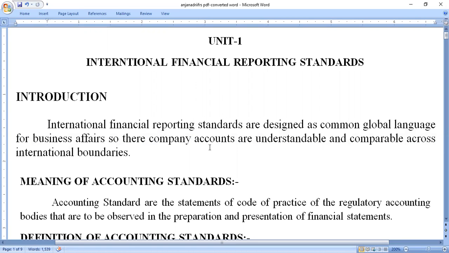Profit and loss account and balance sheet are easily understandable and comparable across international boundaries, throughout the world, wherever we go. So it is very easy to compare one accounting standard with another, or one company's accounts with another company's accounts.